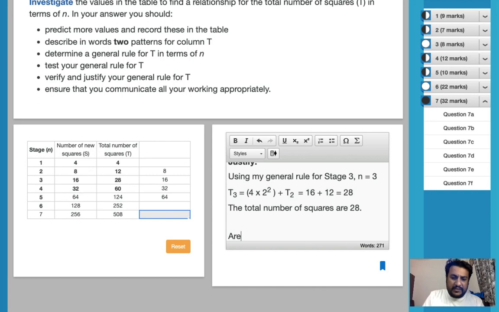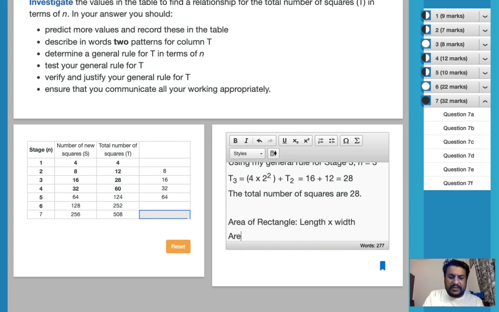So what is the area of a rectangle? Length into width. In this case, the width is 2, and the length is the height of the function. So what was the function? f(x), times 2, the width, minus the 4 rectangles which were at the bottom. Now how do you write this?